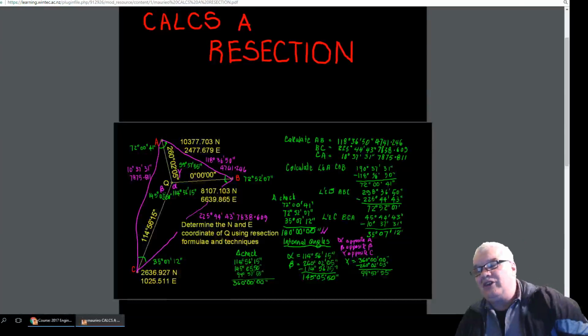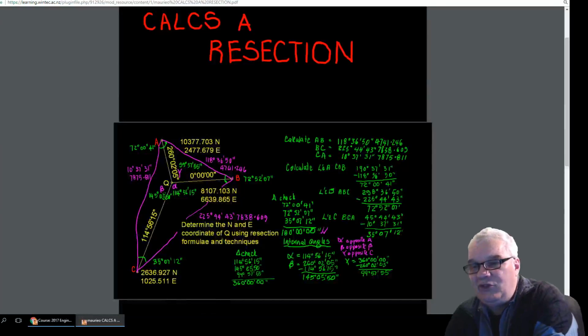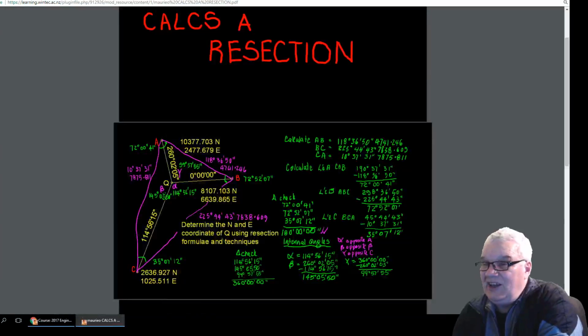This was relatively used every now and again, and it was called resection. Now these days with a total station, and to some extent with a GPS, we're able to measure distances. So we do the resection, but we've got more information with regards to distances. So it's not just based on angles, but angles and distances.